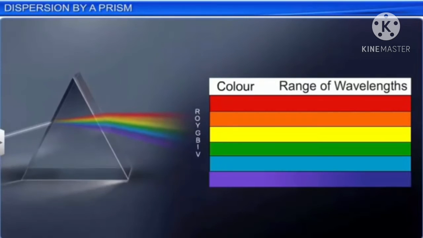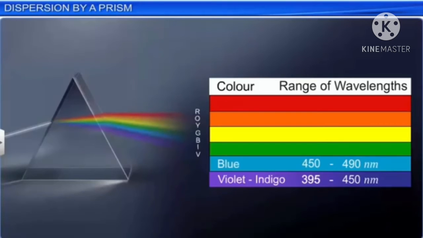If the wavelength of light is in the range of 395 to 450 nanometer, then the color of the light is violet to indigo. If the range is between 450 to 490 nanometer, the color is blue. If the range is between 490 to 560 nanometer, the color is green.